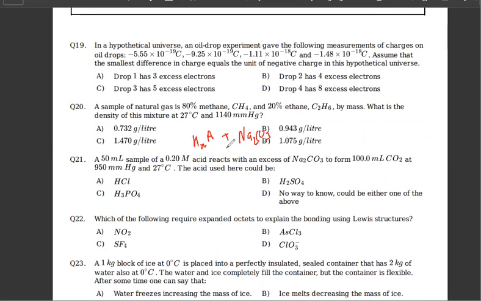Now Na2CO3 is in excess, so H2A is the limiting reagent. Now you just have to see the total number of moles of acid. It is 10 millimoles.